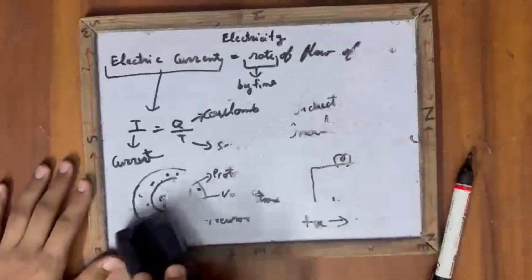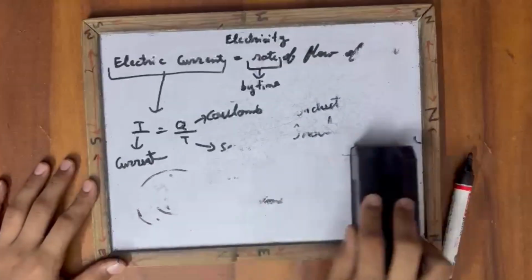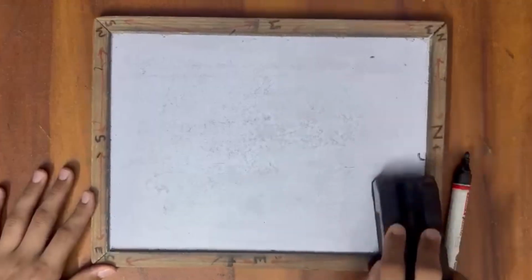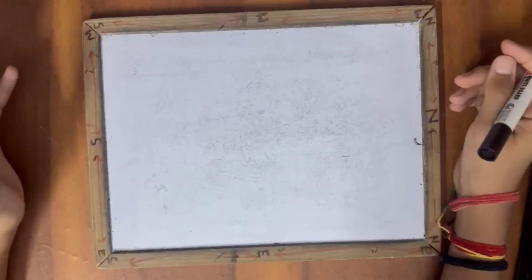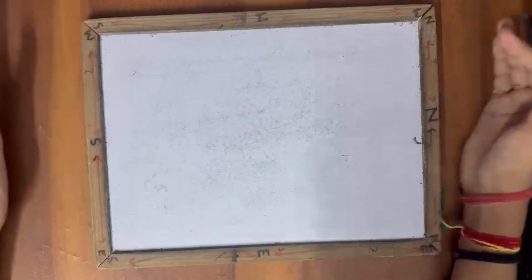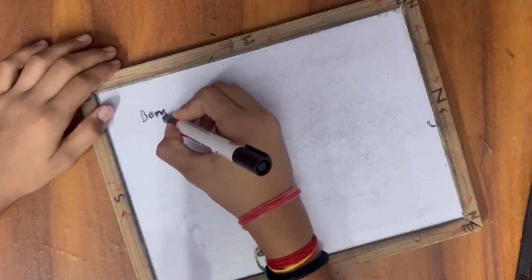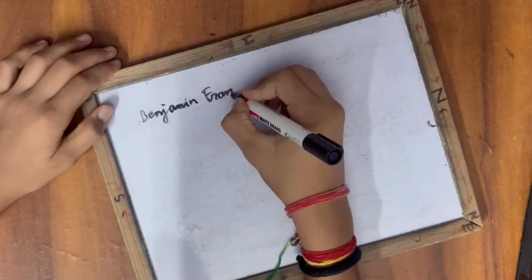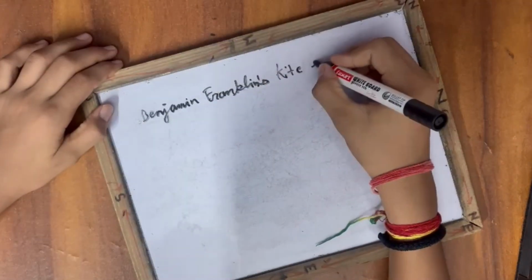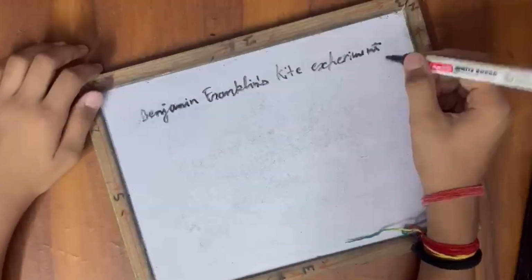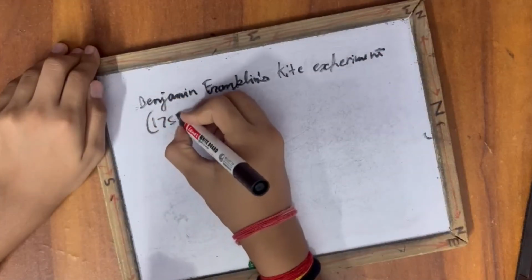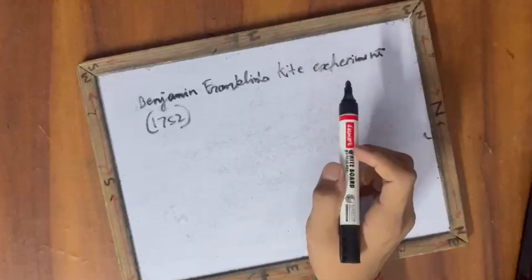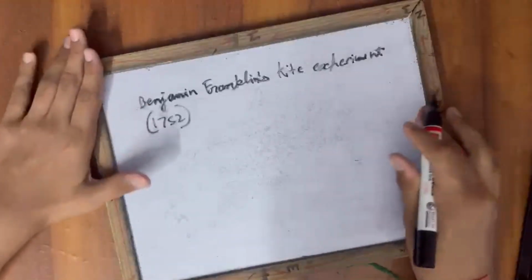Now let's study some experiments and inventions done by scientists. The first is Benjamin Franklin's kite experiment.